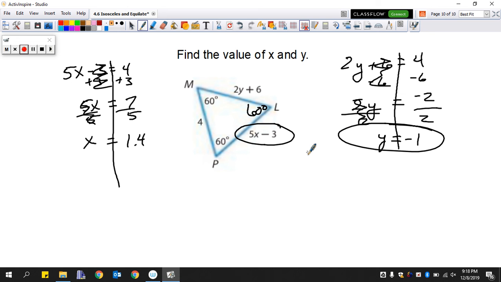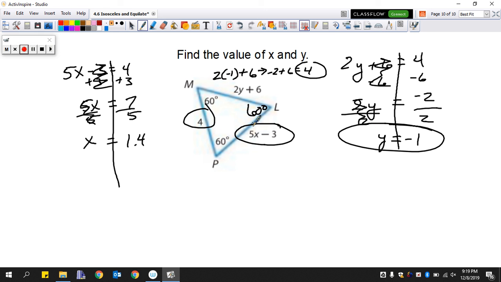Now you might say, wait a minute, you can't have a measure that's a negative value. Well, it's important to notice that this is not the actual measurement. This is just the value of y. If we plug it in, we say 2 times -1 plus 6. That's going to give you -2 plus 6, which is equal to 4, which we already know that the side length there is 4.